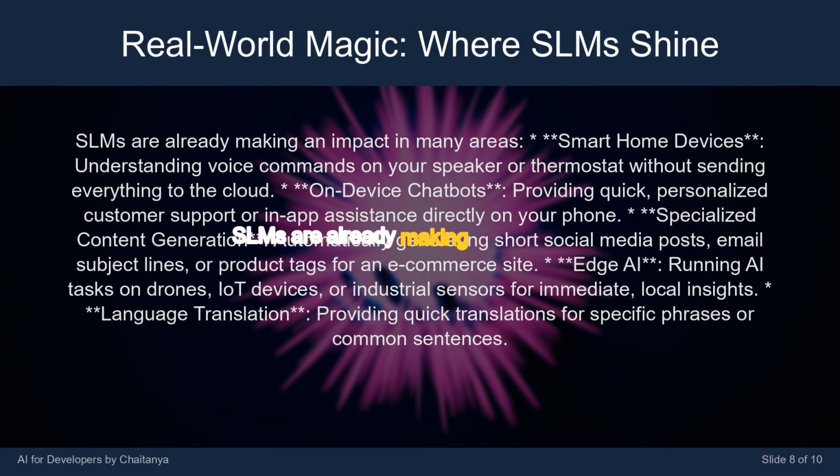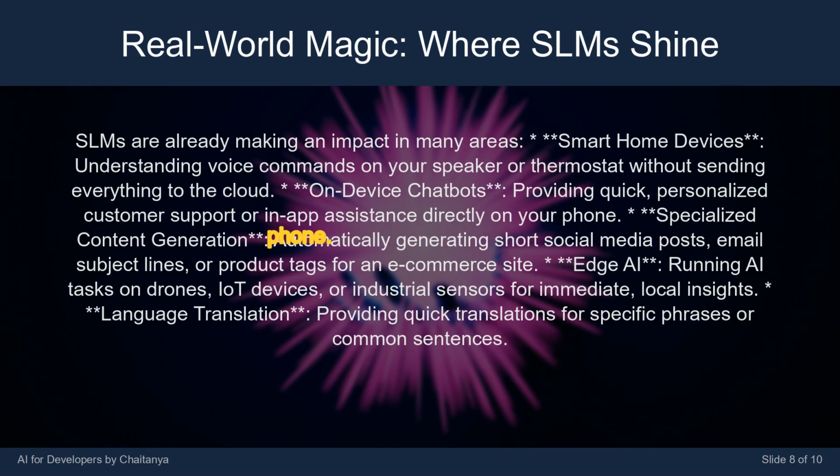SLMs are already making an impact in many areas. Smart home devices, understanding voice commands on your speaker or thermostat without sending everything to the cloud. On-device chatbots, providing quick, personalized customer support or in-app assistance directly on your phone.